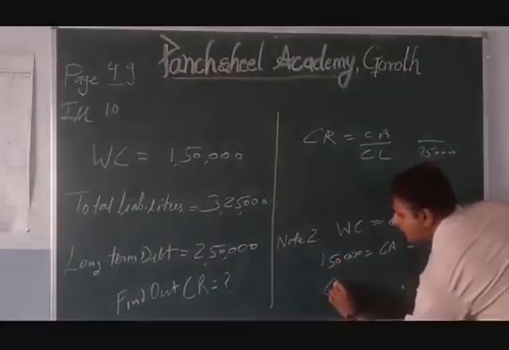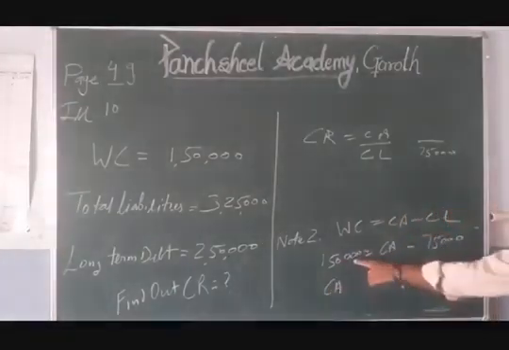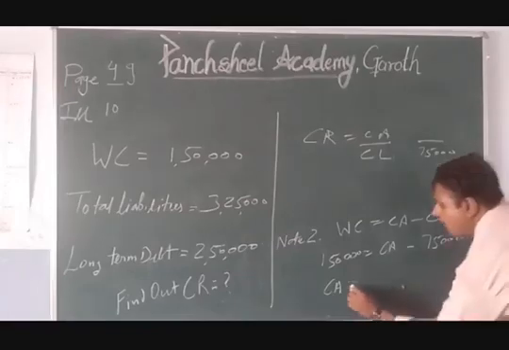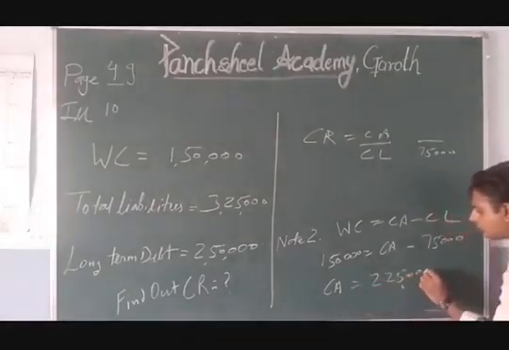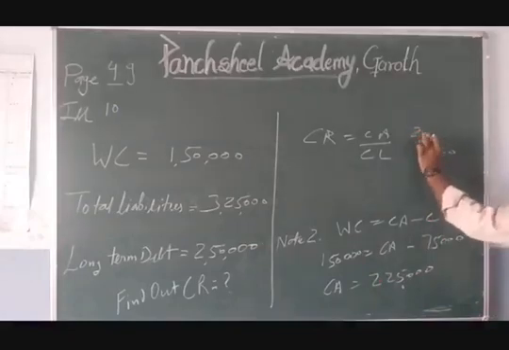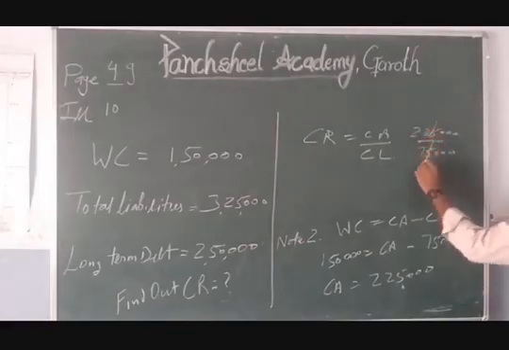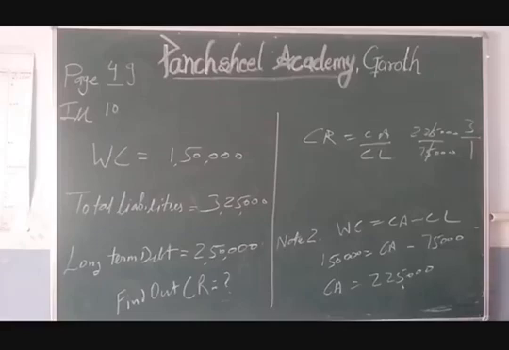So now the current asset will be how much? 1,50,000 plus 75,000. How much does it come? 2,25,000. So your current ratio will be 3:1. That means your current asset is thrice your current liability. Got it?